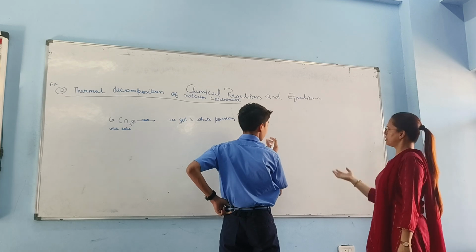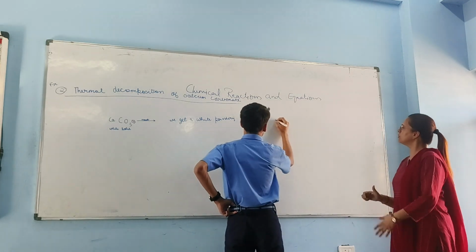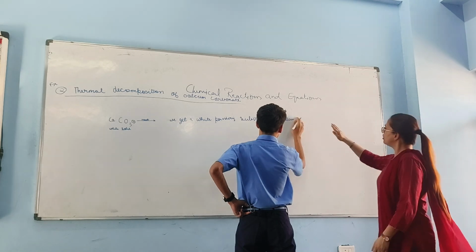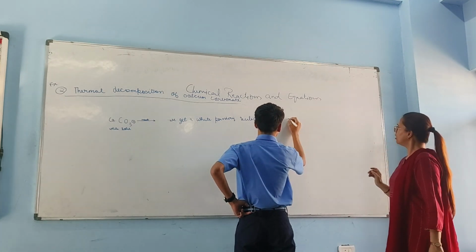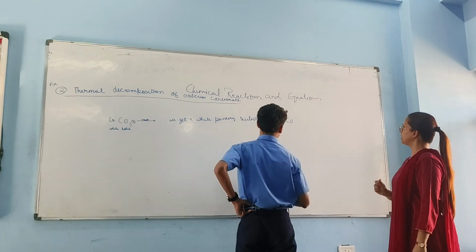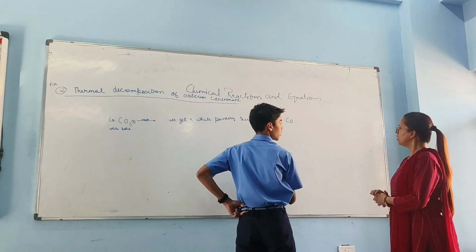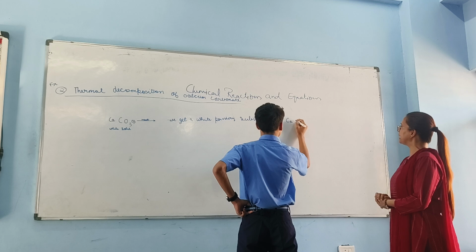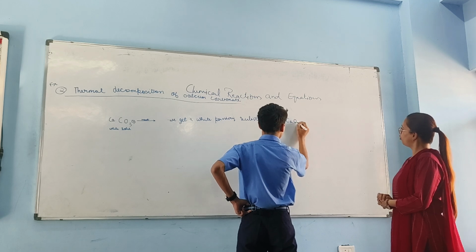Calcium and oxygen. Do not write it in full, just write the formula. Calcium oxide. What will the symbol of calcium be? Ca. Yes. Ca and oxide is O.